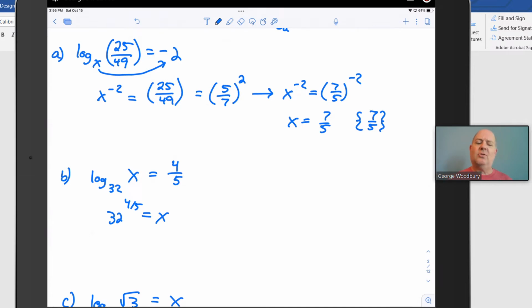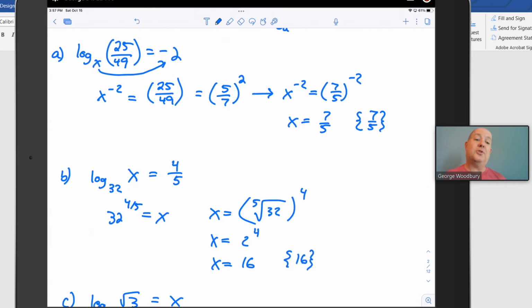And I'm going to start with x equals the 5th root of 32 raised to the 4th power. Now I can only do this if I know the 5th root of 32, otherwise I'm not helping myself out at all. But I do know that 32 is 2 to the 5th. So the 5th root of 32 is 2. So I have x equals 2 to the 4th power, and I can do that arithmetic. 2 to the 4th power is 16.